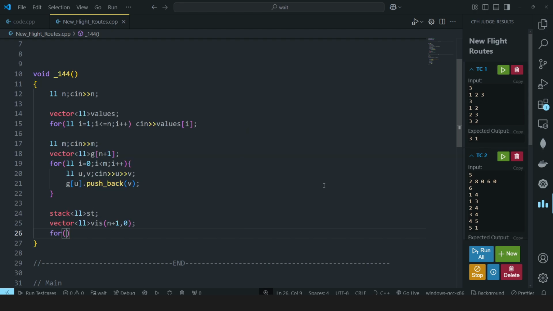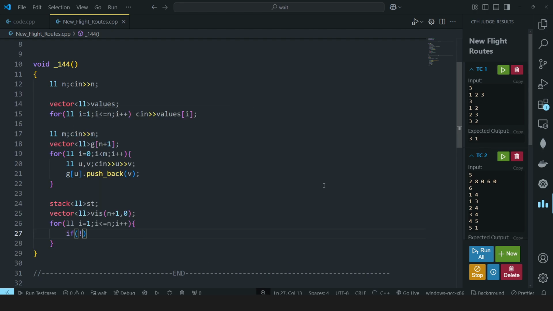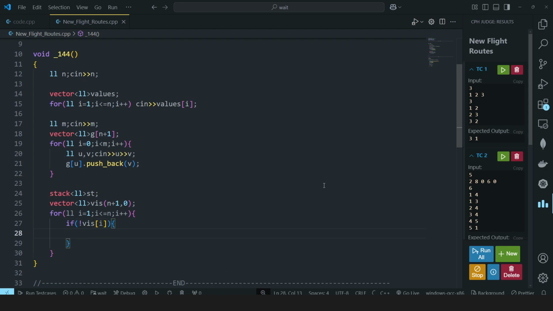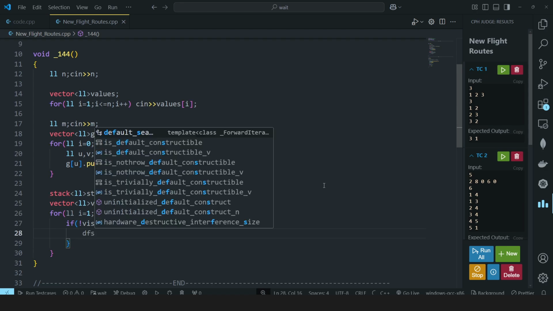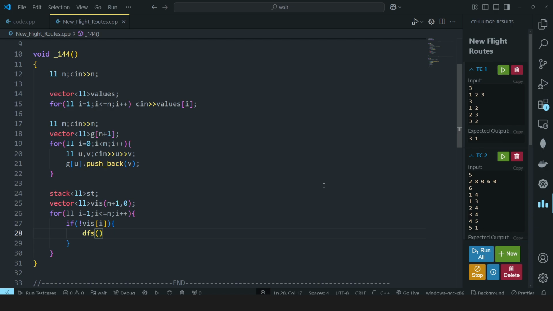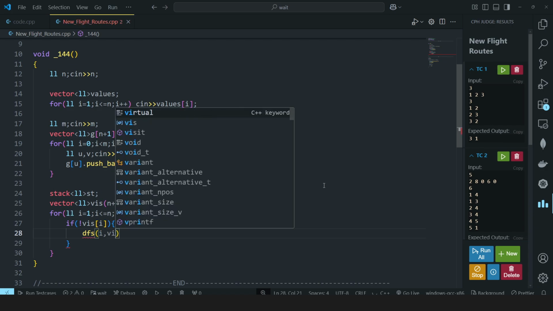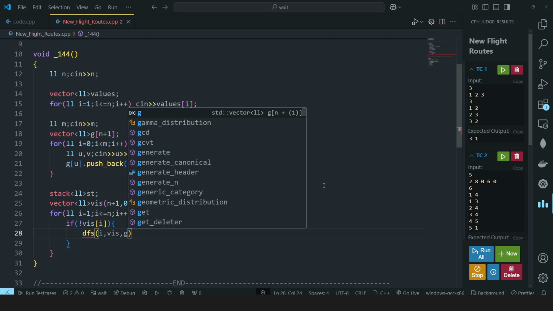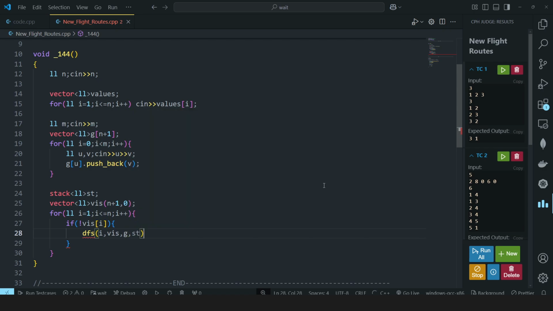Then I'll iterate from the first element till the last, and check whether it is visited or not. If this junction is not visited, we'll call the DFS, passing the current node, the visited array, the graph, and also the stack.